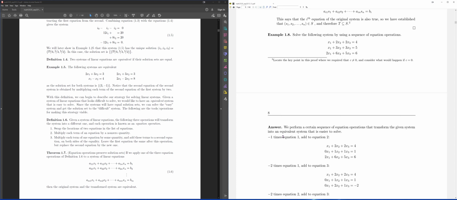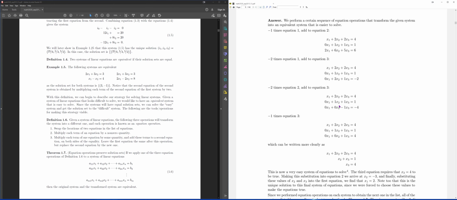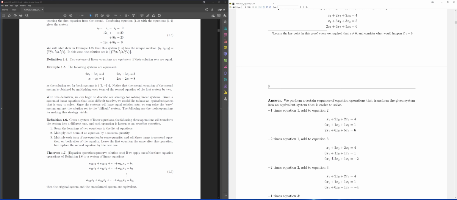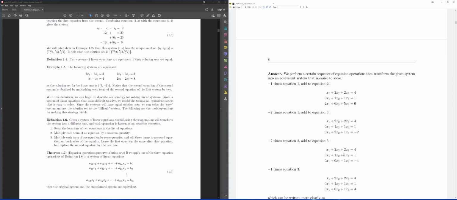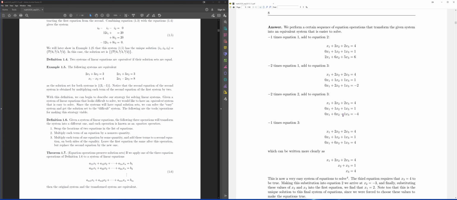Okay, so why do you care about the equation operations and the fact that they don't change the solution sets? Over here, for each of these, what I was doing to go from here to here was adding a multiple of one equation to the next equation. Likewise, from here to here, I did the same thing, until I got to this one.